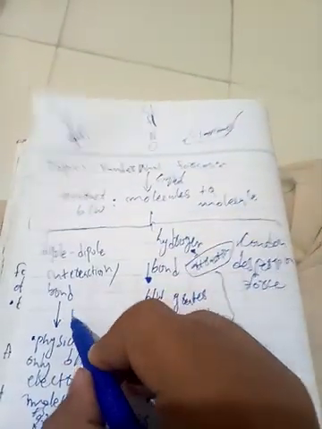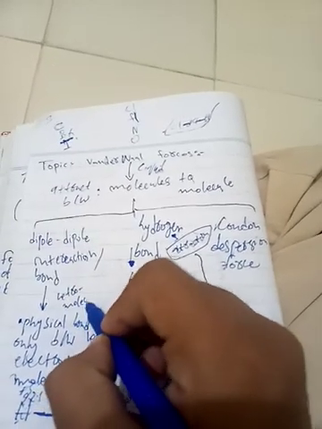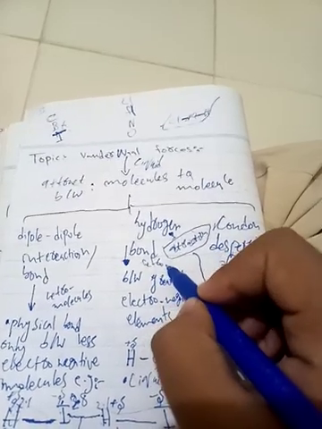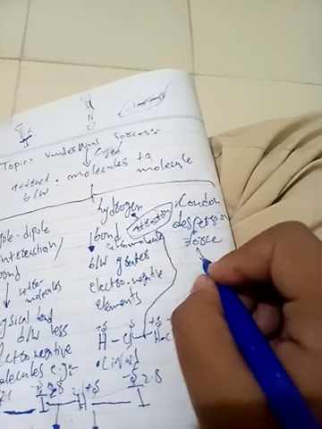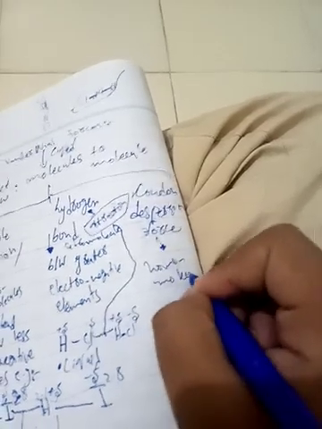The earlier ones are between heteromolecules, meaning different molecules, and this one is between homomolecules. Homomolecules means the same atoms combined together to form a molecule.